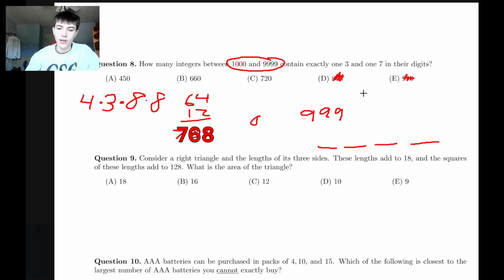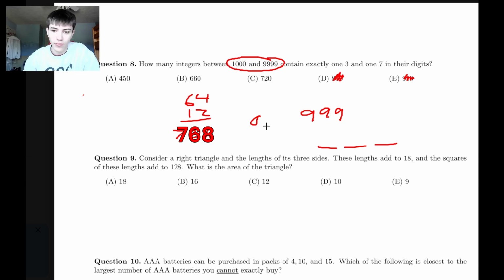Okay. Now we need to figure out how many integers between 0 and 999 we counted. Like, how many were we off by? Well, luckily for us, it's the same situation we had before when counting, right? Except with 3 digits instead. So now we have 3 digits that could be our 3, and we have 2 digits that could be our 7, and then we have 8 choices left for whatever the last digit is.